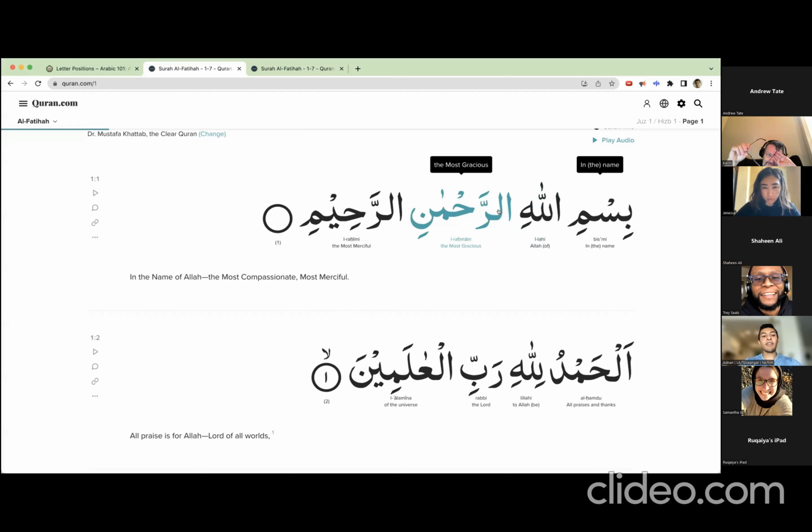So instead of al-rahman, you pronounce it ar-rahman. And that's indicated by the lam not having anything on it, and the following letter that it merges into having the shadda. So the ra has the shadda on it.